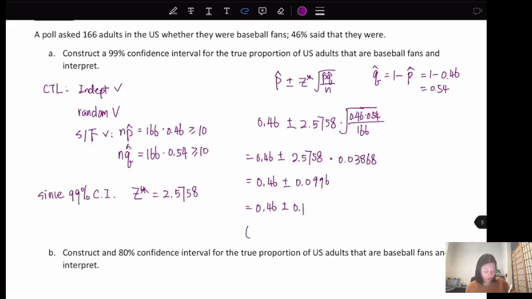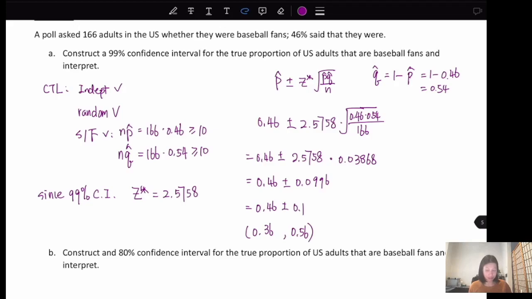So the lower bound is going to be 0.46 subtract 0.1, which is 36%. And for the upper bound, it's going to be 0.46 add 0.1, which is 56%.